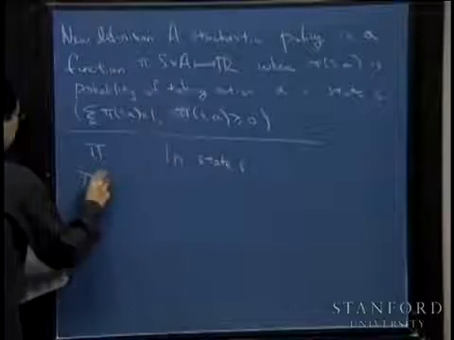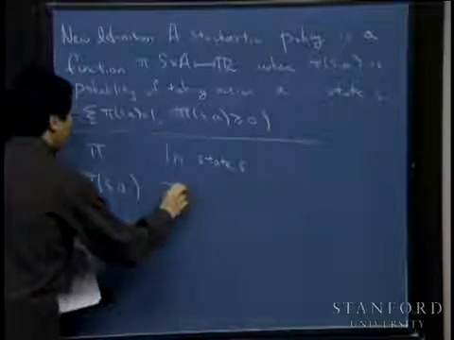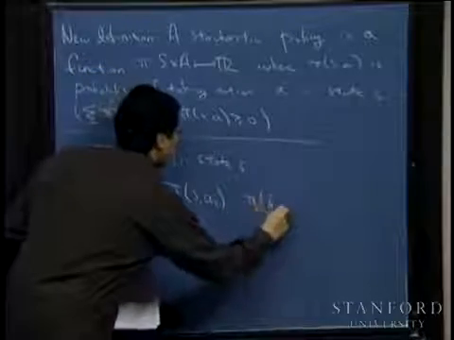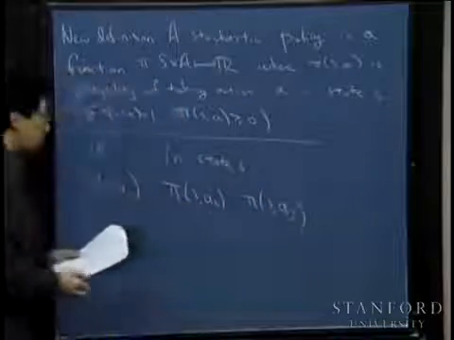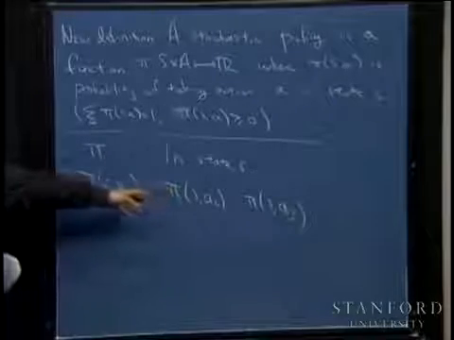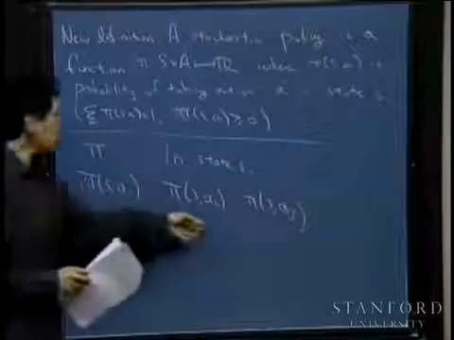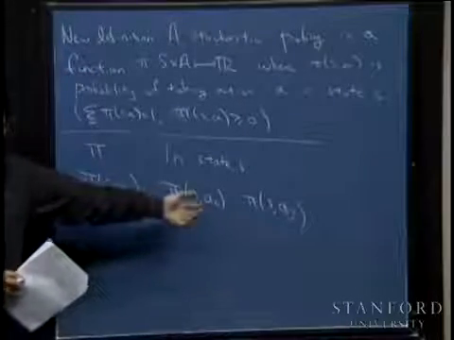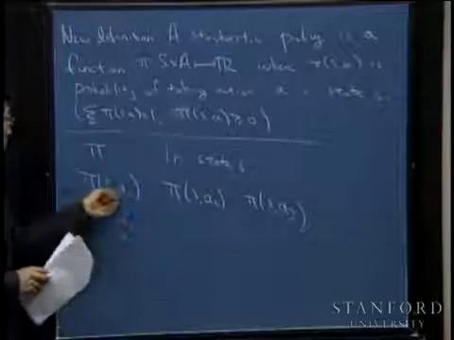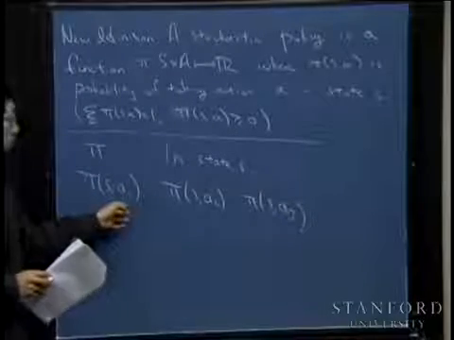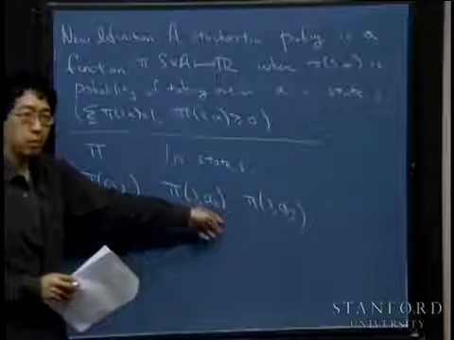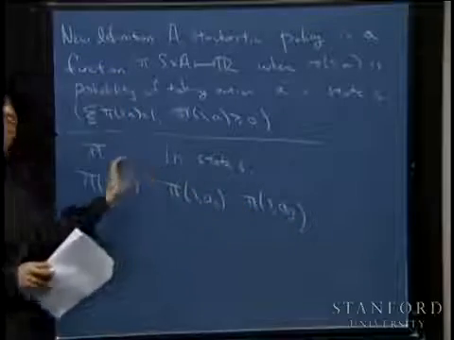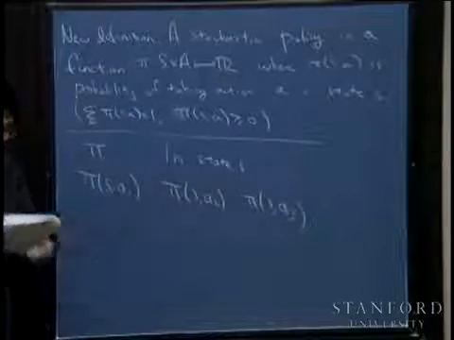I would then compute pi of s comma a1, pi of s comma a2, pi of s comma a3, if I have a three-action MDP. And these will be three numbers that sum up to 1. And then my chance of taking action a1 will be equal to this. My chance of taking action a2 will be equal to pi of s comma a2. And my chance of taking action a3 will be equal to this number. So that's what it means to execute a stochastic policy.